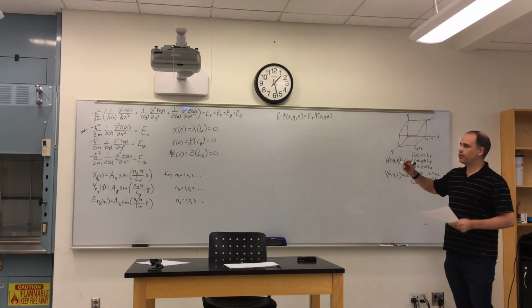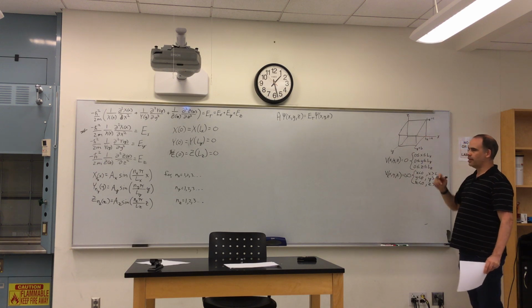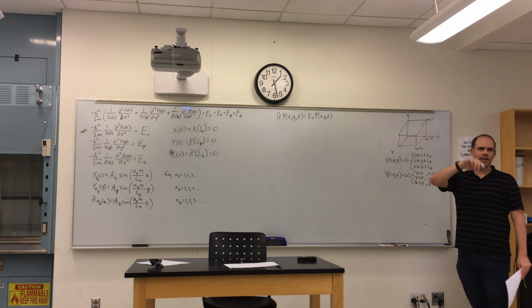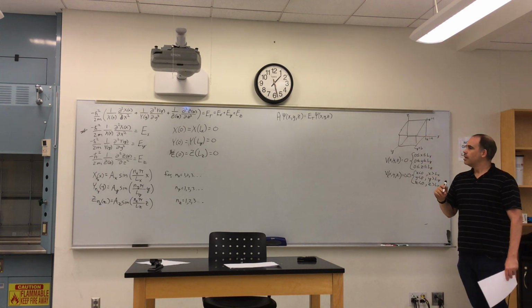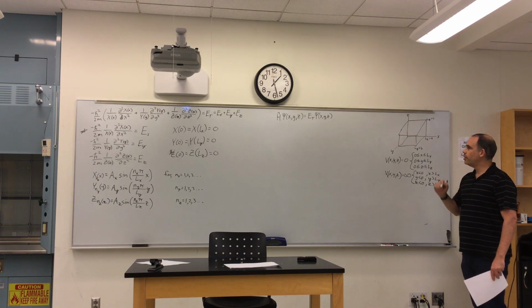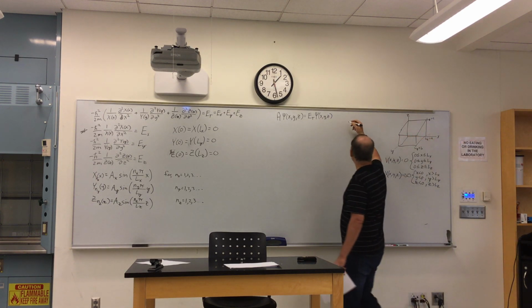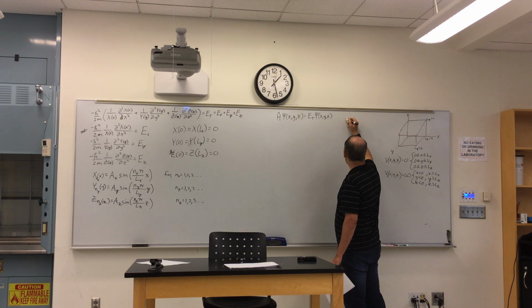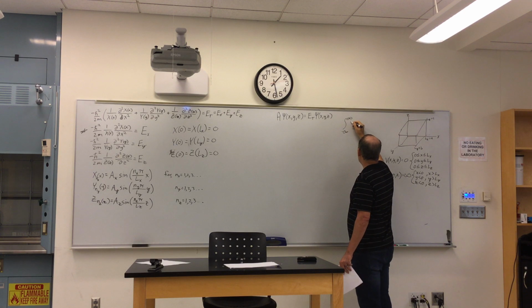So A is the amplitude, or the height of the sine function for a 1D particle in a box. One of the properties of a probability distribution function, or our wave equation, is that the integral from your lowest value to your highest value of psi star psi d, and then whatever you're working with.